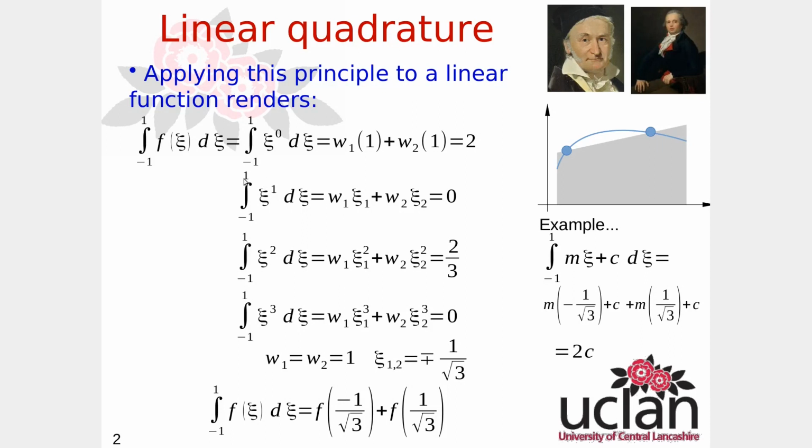And then we move on to the next integrand when the power of C is equal to 1 between the same limits of integration. And here we would say this is W1 C1 raised to the power 1, W2 C2 raised to the power of 1.